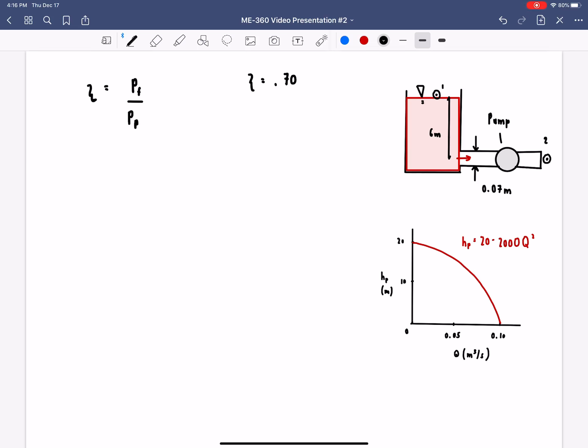And we want to solve for power required from the pump, which will be equal to power of fluid divided by our efficiency. And we know that the power of the fluid is equal to rho g Q times head gain.